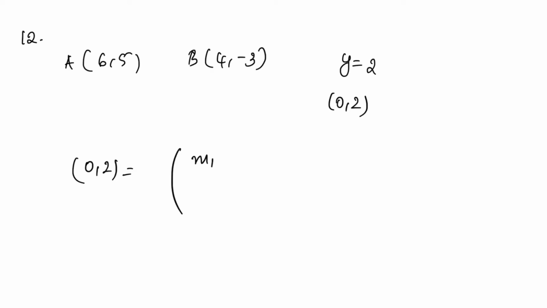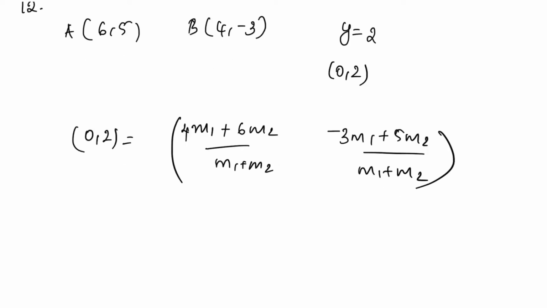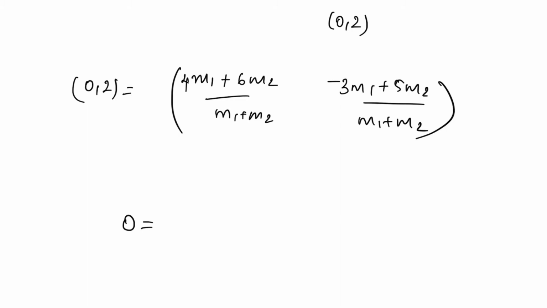m1 into x2, that is (4m1 plus 6m2) by (m1 plus m2). Next one you have (-3m1 plus 5m2) by (m1 plus m2). So we can take the 0 value first. 0 is equal to (4m1 plus 6m2) by (m1 plus m2).